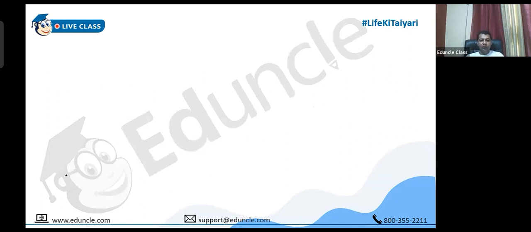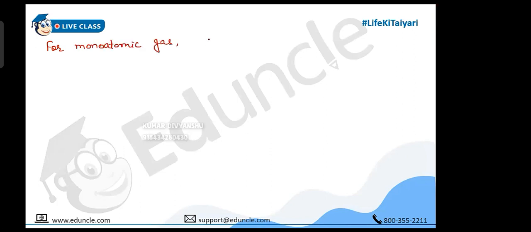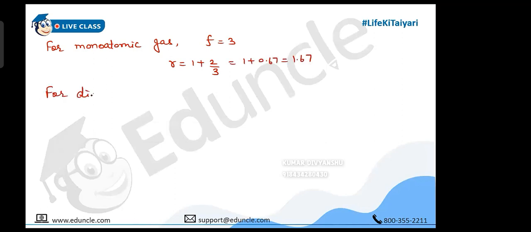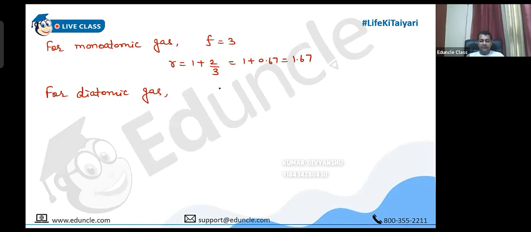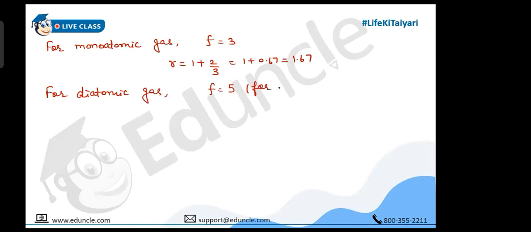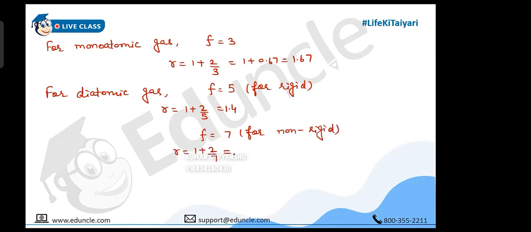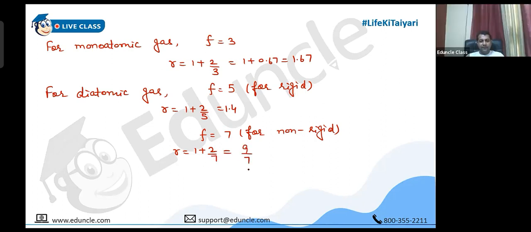Now for monatomic gas, what is F according to you? 3. So gamma will be the same value we got yesterday. For diatomic gas, F is 5 for rigid, so gamma will be 1.4. 7 for non-rigid. You can see I have made it 7 now, instead of 6. Same as yesterday.